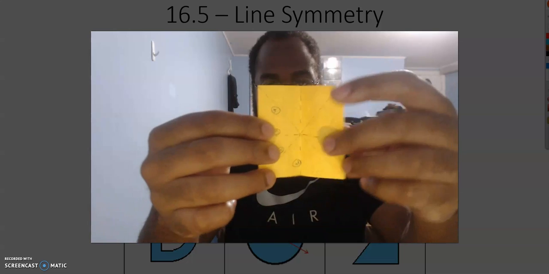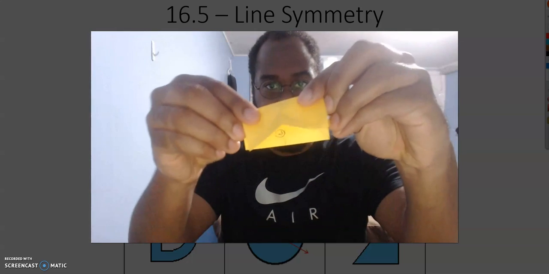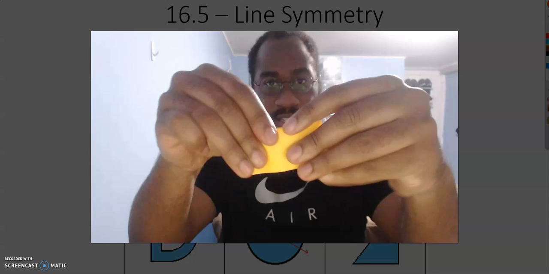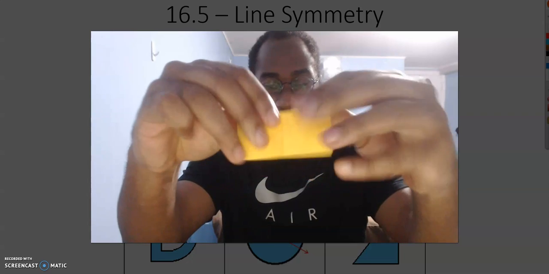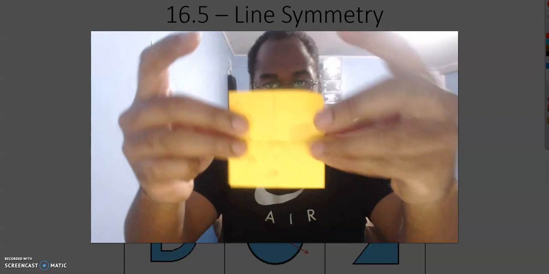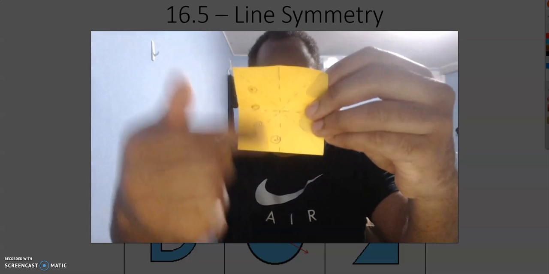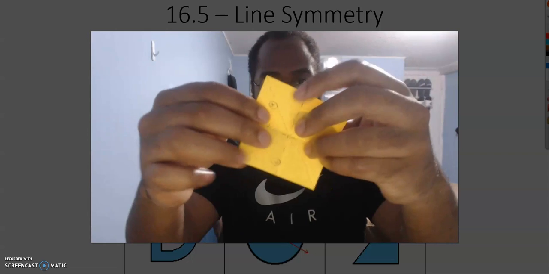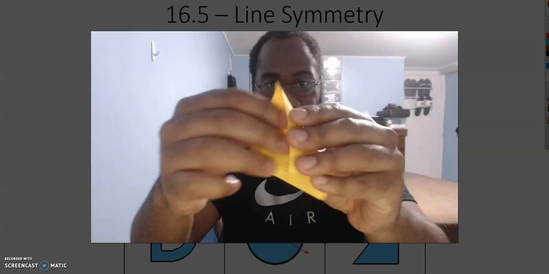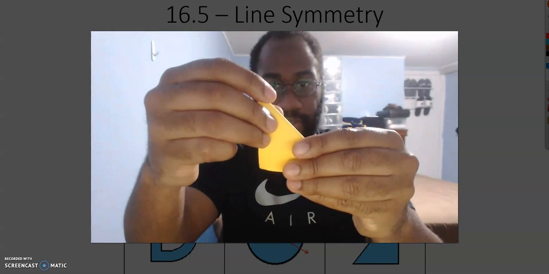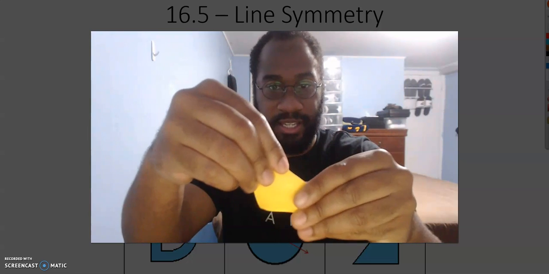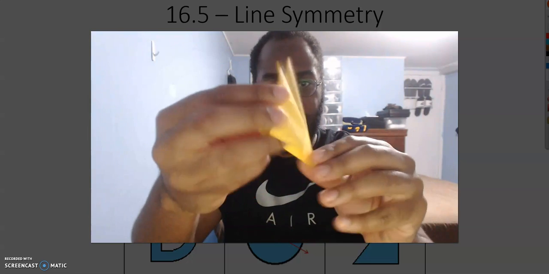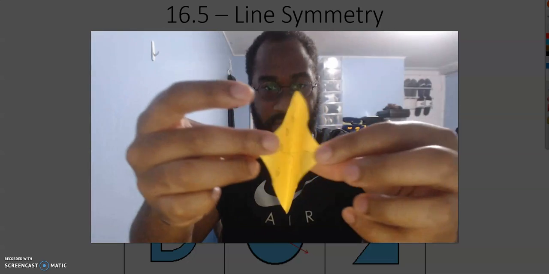So that's one line of symmetry. Here's the second line of symmetry. See, if I fold it, it's the same on both sides, vertical and horizontal. And also, squares have diagonal symmetry, where I could fold it diagonally, and it'll be the same on both sides, right?